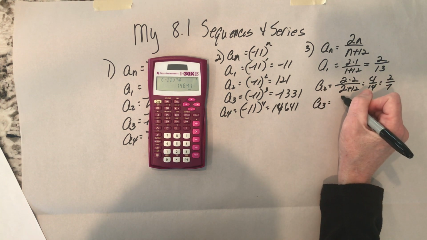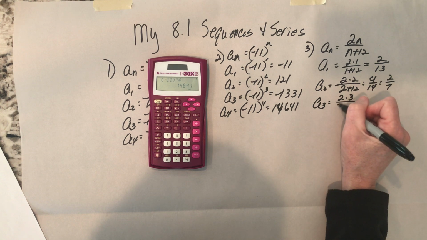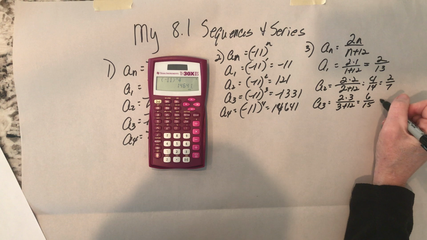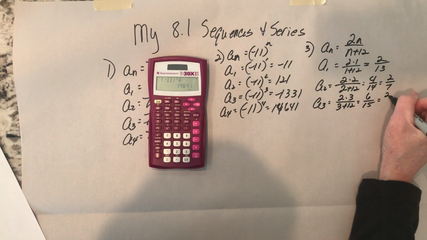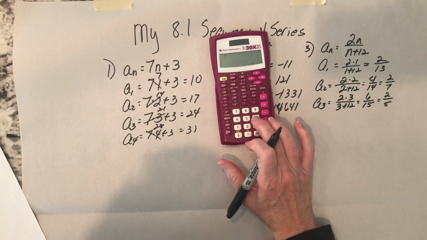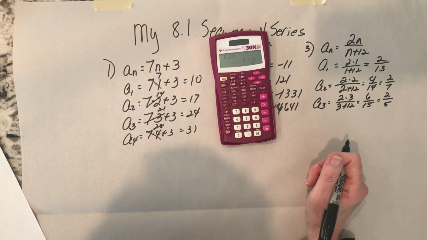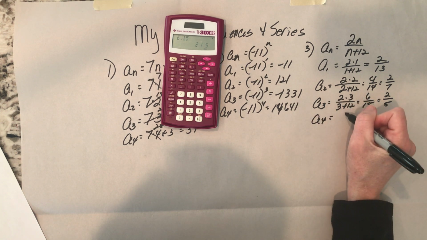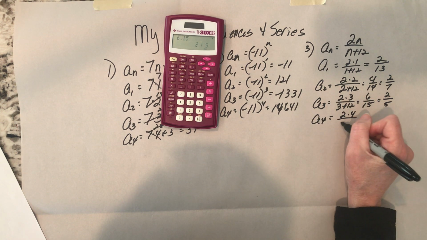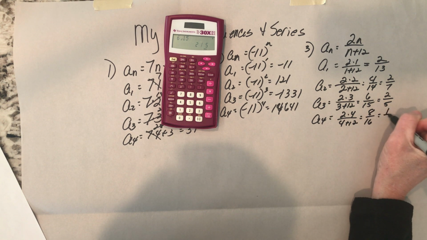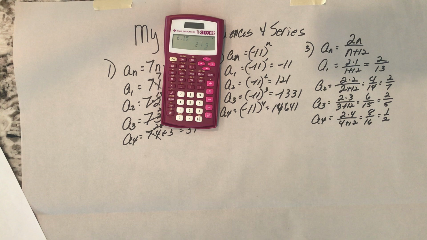A sub 3 is 2 times 3 over 3 plus 12, 6 over 15, which reduces when you divide by 3 to 2/5. If you're not sure, use your calculator. And a sub 4, we got 2 times 4 over 4 plus 12, 8 over 16, which reduces to 1/2.